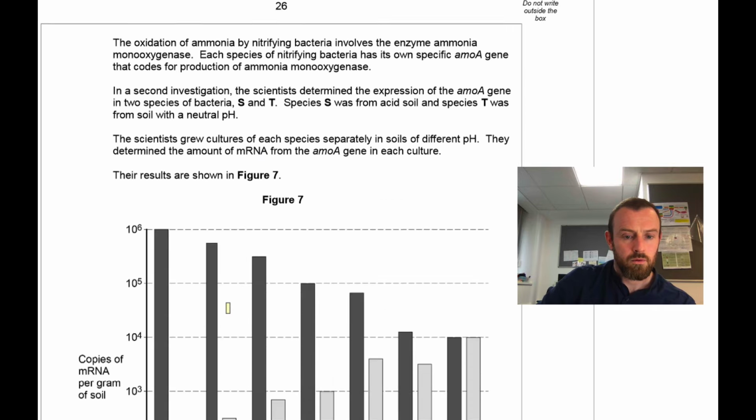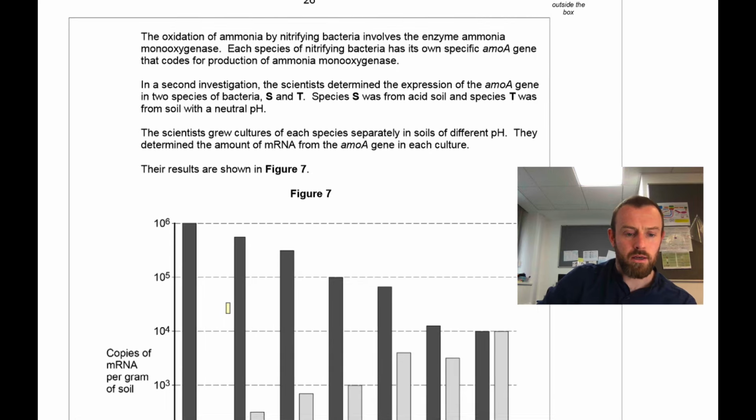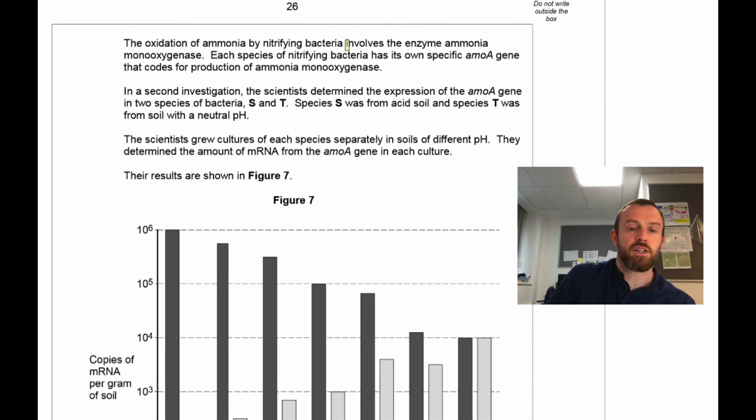What else? Okay, another part to this. The oxidation of ammonia by nitrifying bacteria involves the enzyme ammonia monooxygenase. Each species of nitrifying bacteria has its own specific AMO-A gene that codes for the production of ammonia monooxygenase.